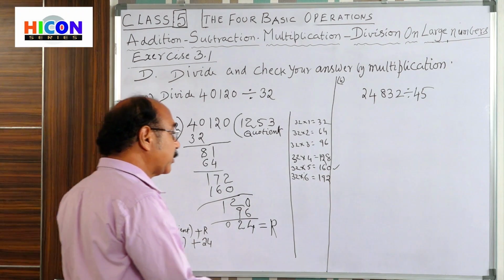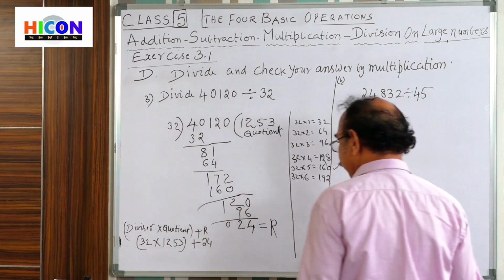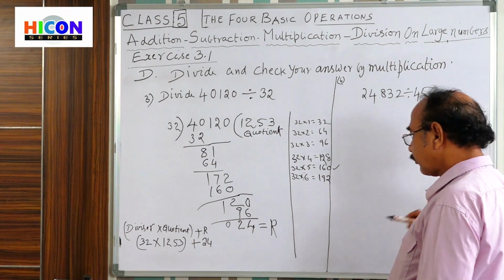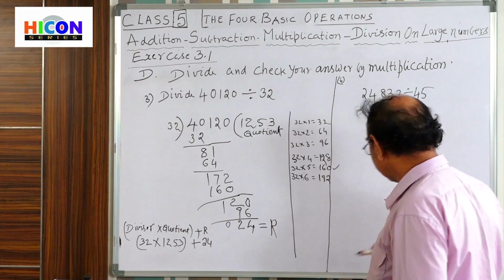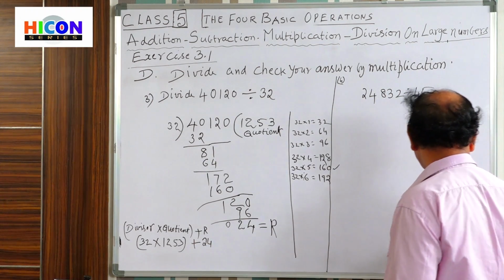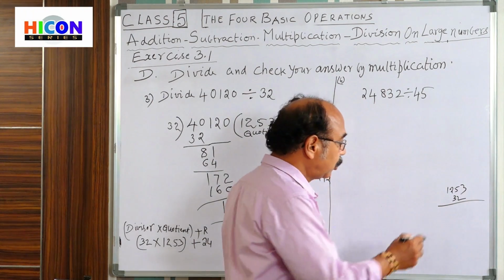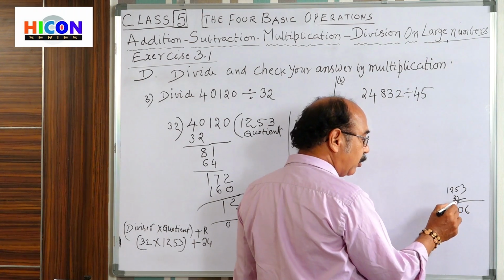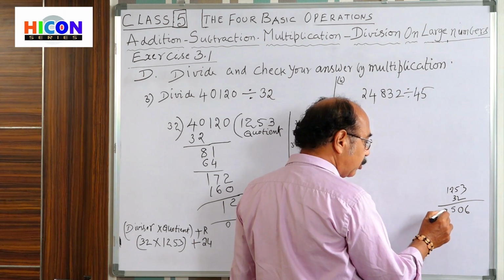Okay, I show the multiplication here. 1253 into 32. See children, 2 threes are 6, 2 fives are 10, 0, 1 carry, 2 twos are 4 plus 1, 5, 2 ones are 2.